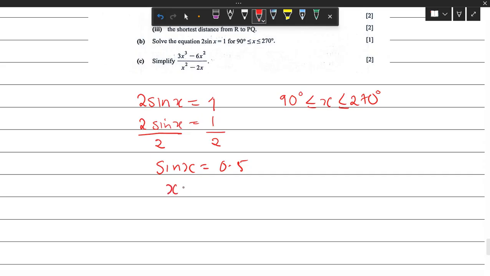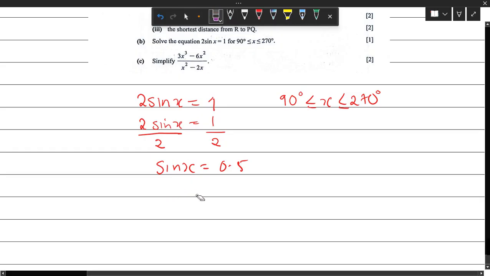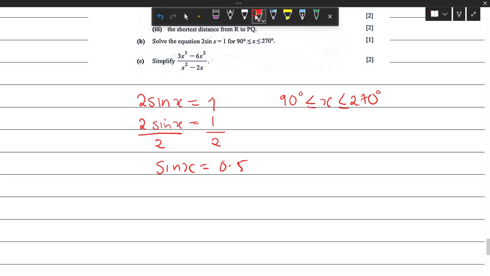Let me just show you something here. We want to find the value of x. How do we get the value of x? We take the sine inverse. Sine inverse on both sides.